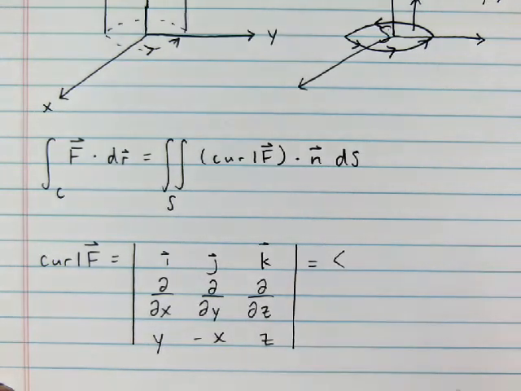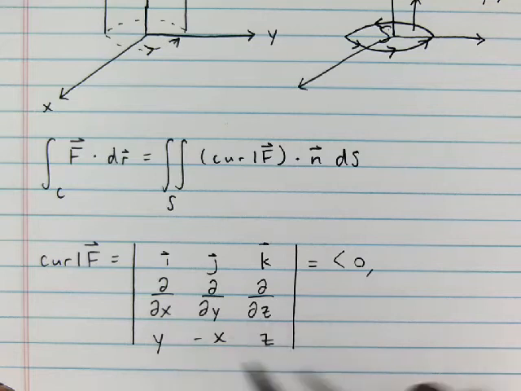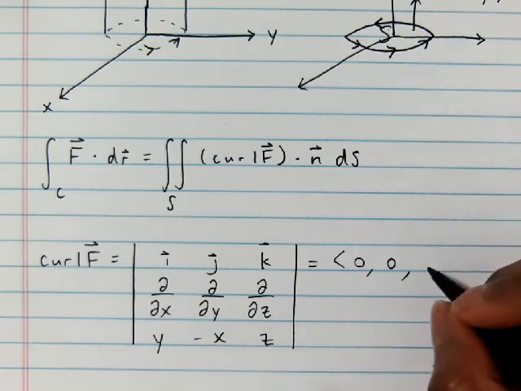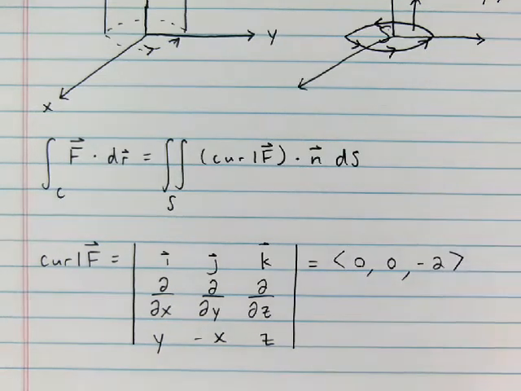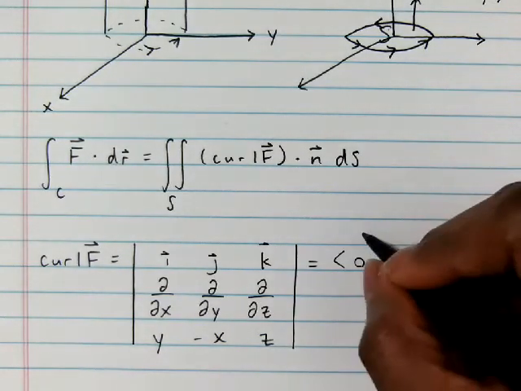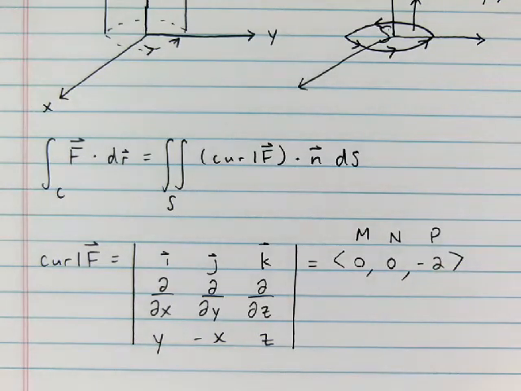And here we are going to get 0, 1, 0, so we'll get 0 there. We'll get 0 there as well. And we're going to get negative 1 minus 1, so we'll get negative 2. So this is M, that's N, and that's P for our usual setup.